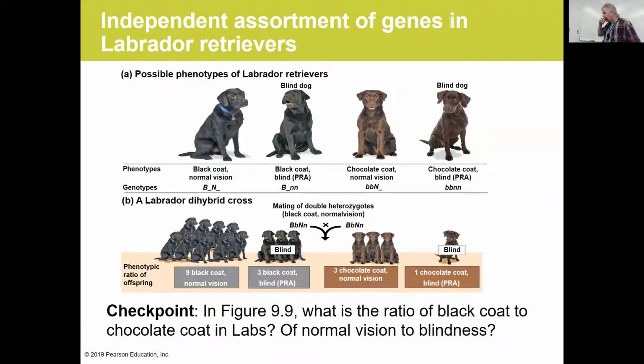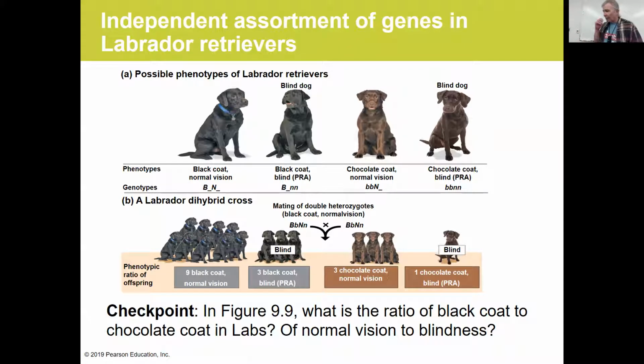So let's look at each one in a monohybrid cross. Let's just look at black animals versus the chocolate animals. How many black? You have 9 black and 3. That's 12. We got 3 chocolate and 1 chocolate. That's 4. That's 12 to 4. What ratio is that? 3 to 1 for the coat.